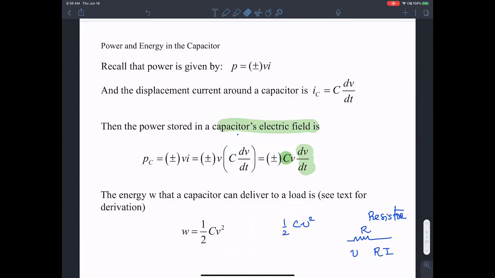Similarly, the displacement current around the terminals of a capacitance is proportional to the rate of change of voltage, and the constant of proportionality is capacitance for a capacitor. Just like resistance characterizes the resistor, capacitance is the value that characterizes the capacitor.